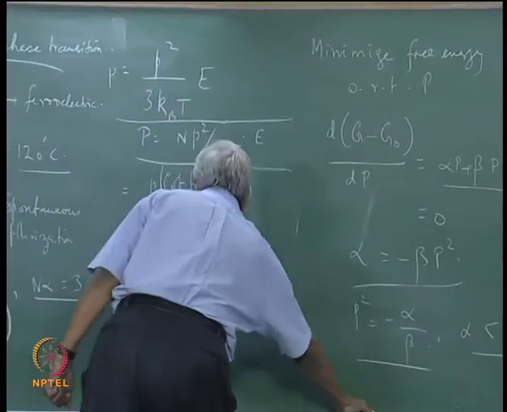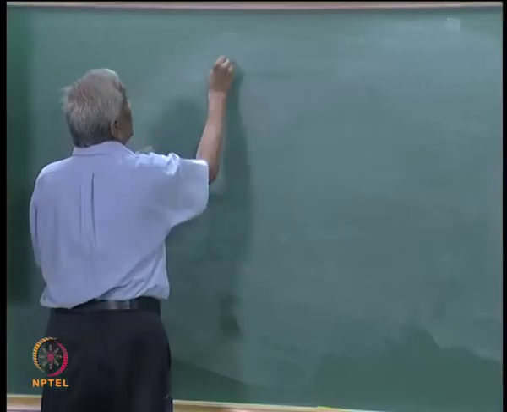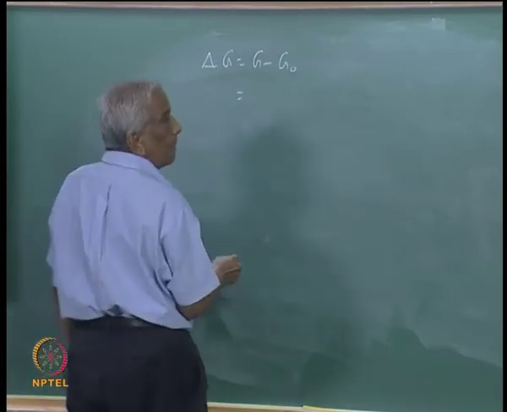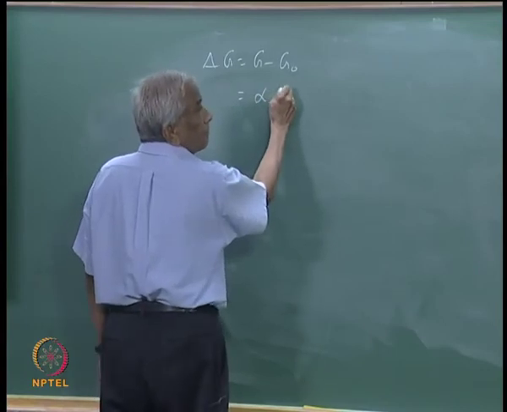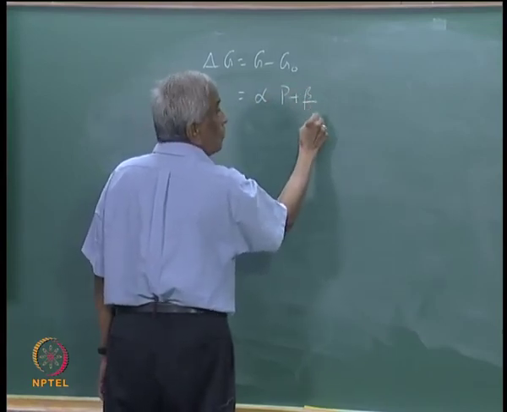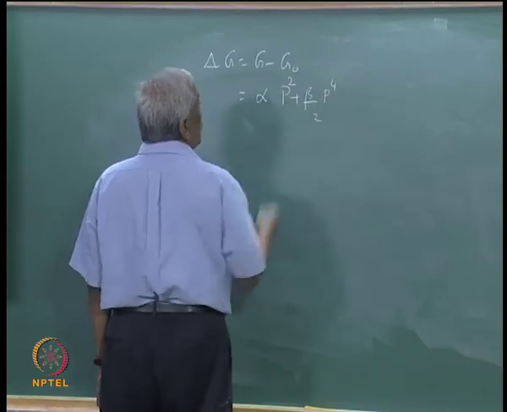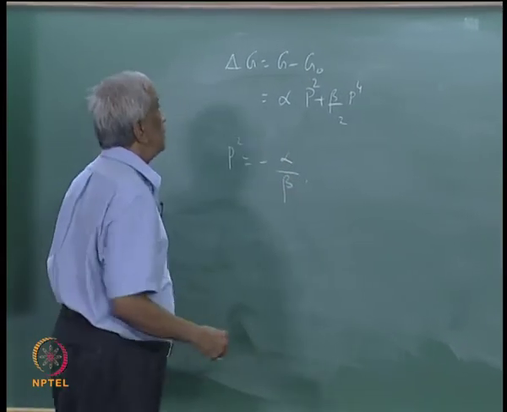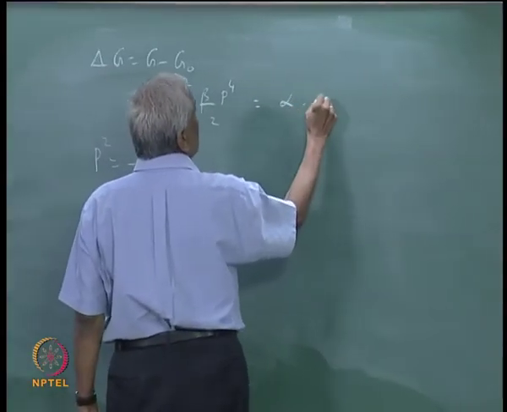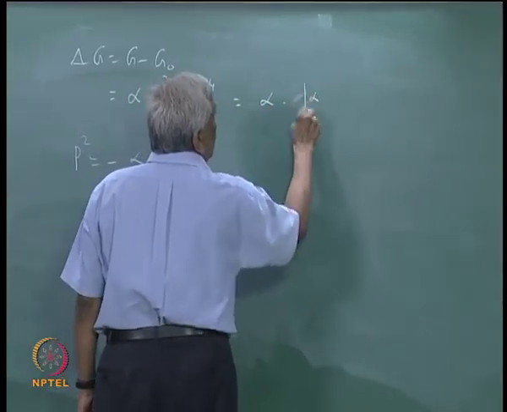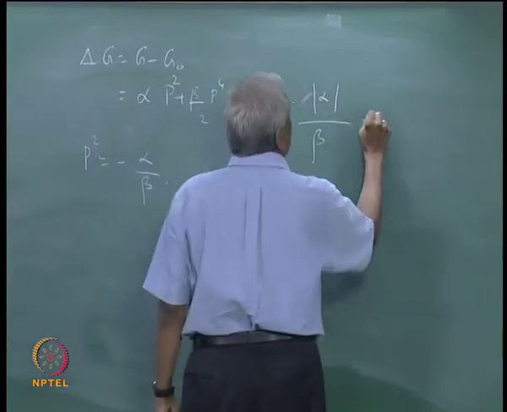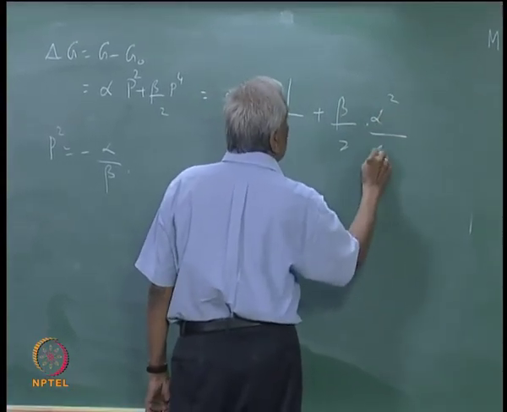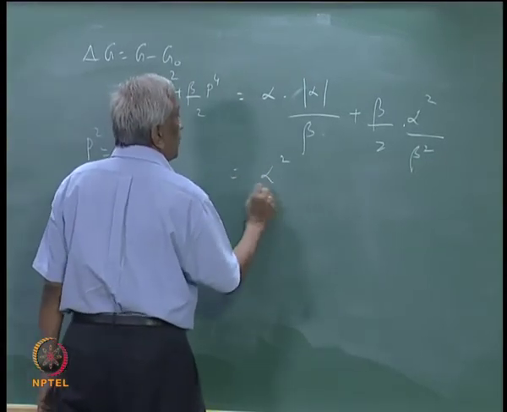And the corresponding free energy difference, when we substitute this, delta G equals G minus G naught equals alpha P plus beta by 2 alpha P square plus beta by 2 P to the power 4, and substituting P square equal to minus alpha by beta for the minimization condition, we get alpha times minus alpha by beta plus beta by 2 into alpha square by beta square.